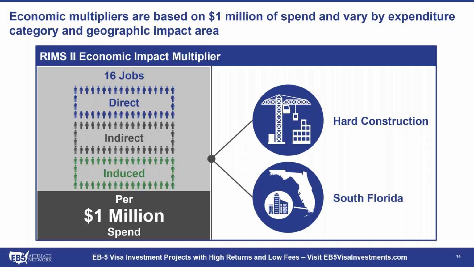So $1 million on hard construction cost in New York City is going to create a different number of jobs than spending $1 million on soft costs in South Florida. So you've got to make sure that you're using the right category, and then obviously the appropriate geographic area that matches up with whatever project you're looking to develop.